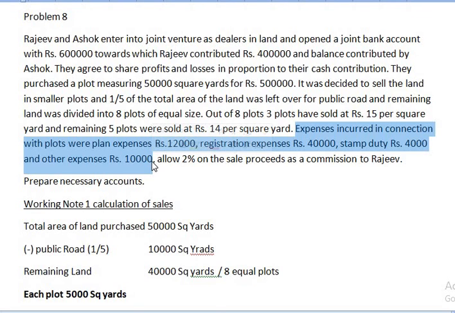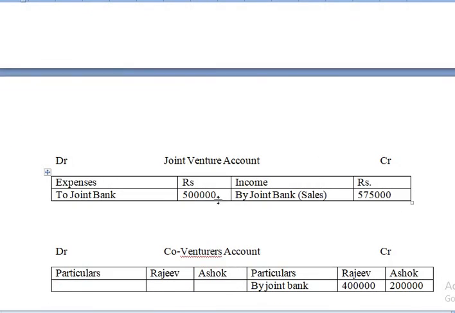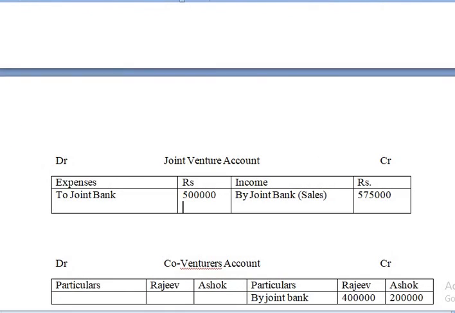The payment for these expenses was made through joint bank only, because there is no clear information regarding who paid these expenses. So the total expenses of 66,000 were paid by joint bank.